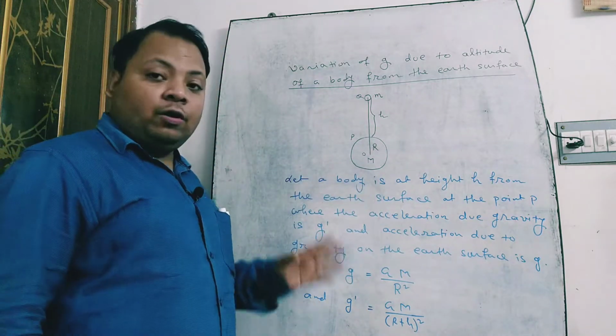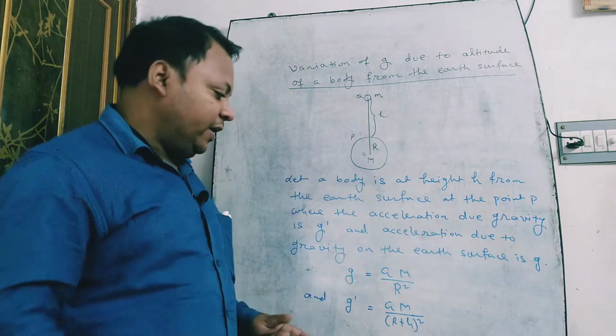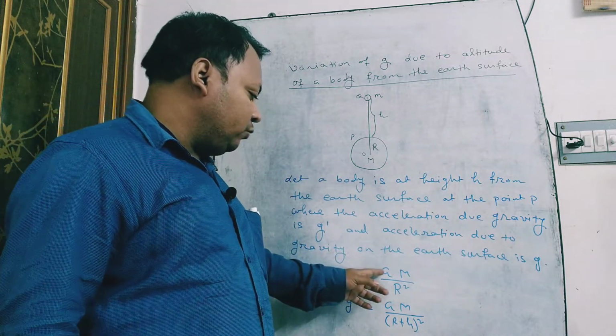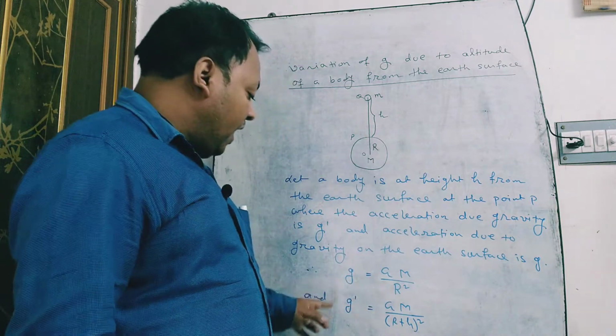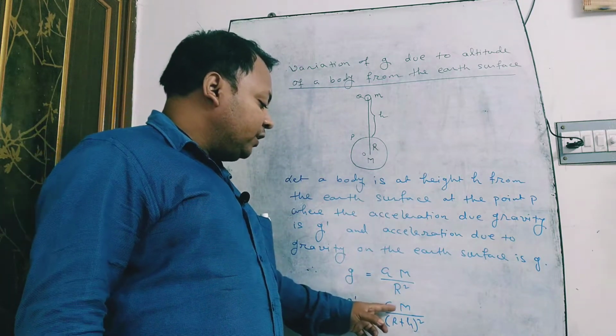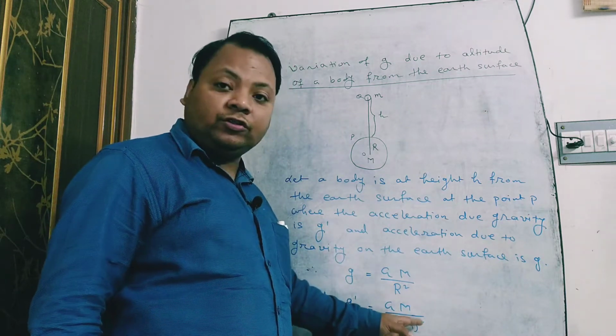Therefore, from the relation between small g and capital G, we can write small g is equal to capital G, capital M by capital R square, and g prime is equal to capital G, capital M divided by R plus h whole square.